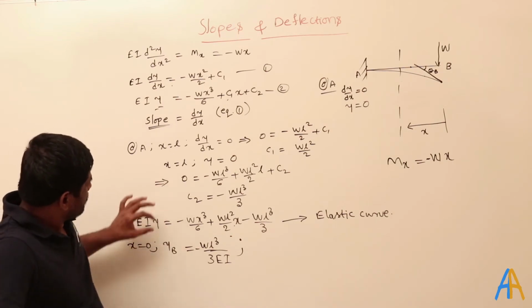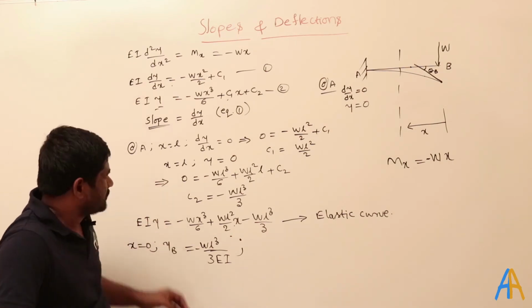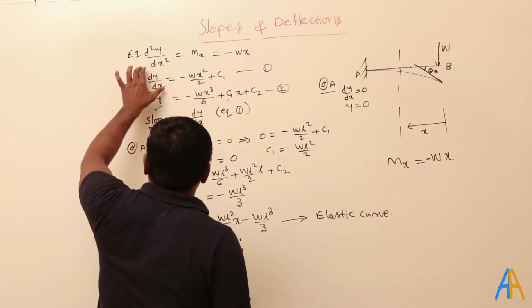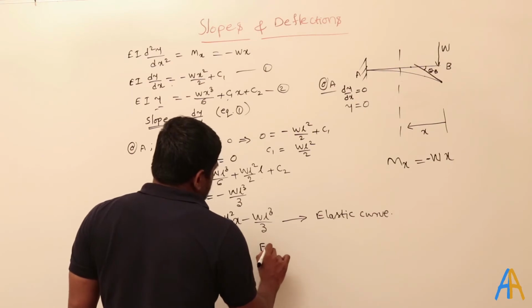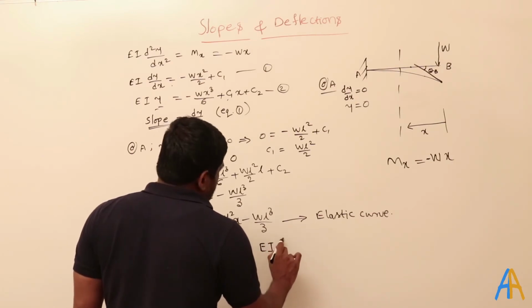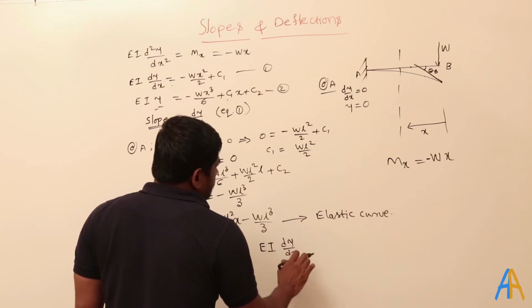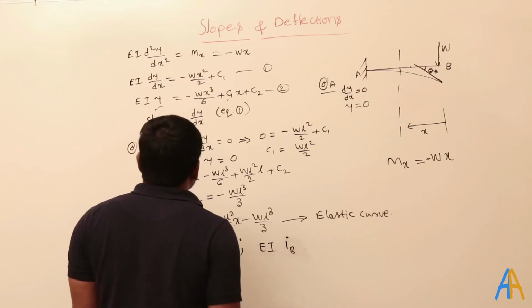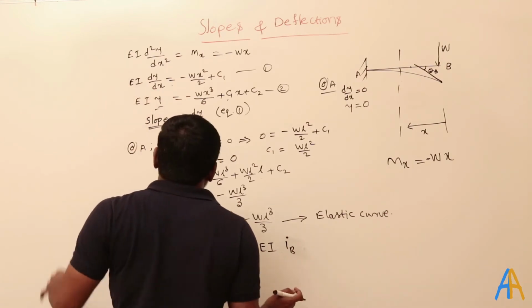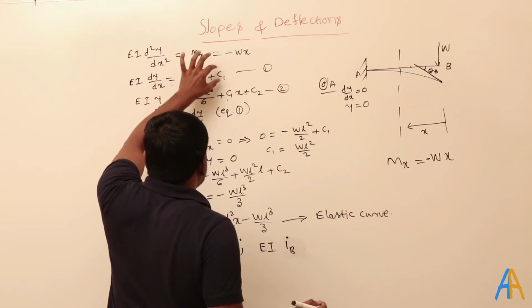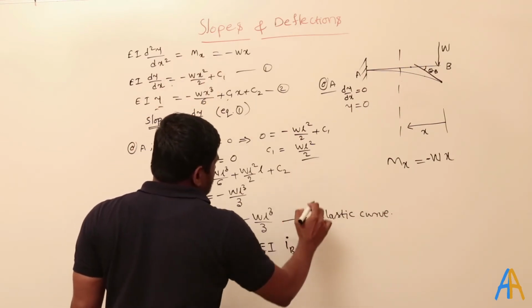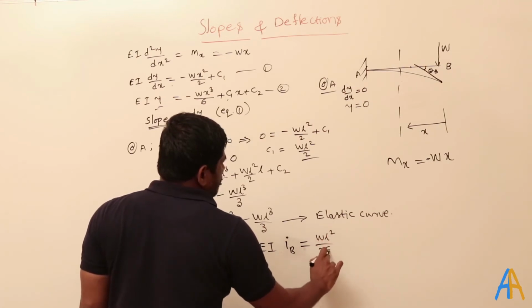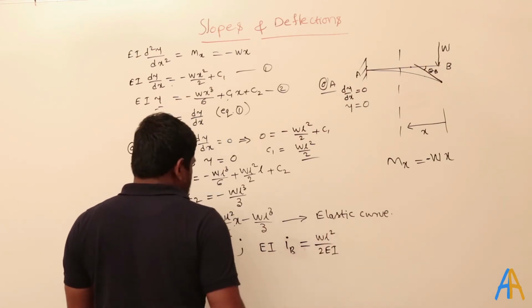Theta B means, if you substitute x equal to 0 in this equation, then you can find theta B. So EI into dy by dx, I will call the slope theta B, and if I substitute x equal to 0, this will be 0, only C1 is there. What is the value of C1? This is the C1. So WL square divided by 2EI. Okay, this is the slope.